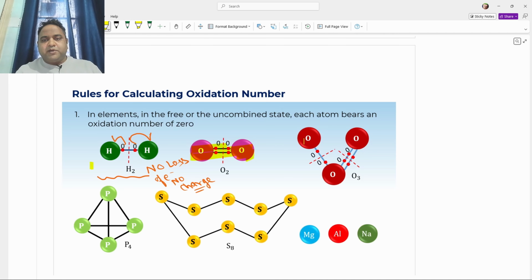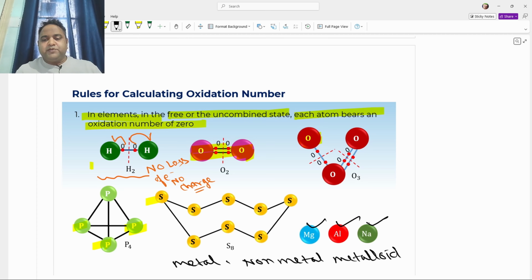All the atoms are identical, so finally their oxidation state is taken as zero. Elements in their free state, when they are not combined, always have zero oxidation state. An element can be a metal, non-metal or metalloid. All are going to be zero oxidation state, maybe magnesium, maybe aluminum, maybe sodium.